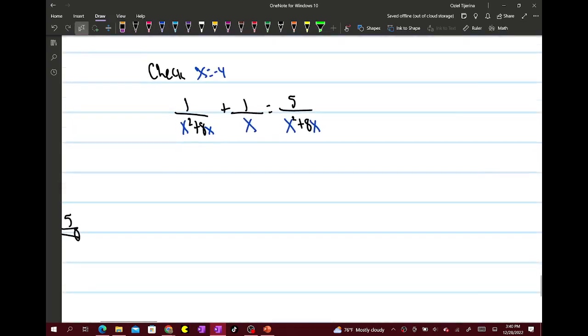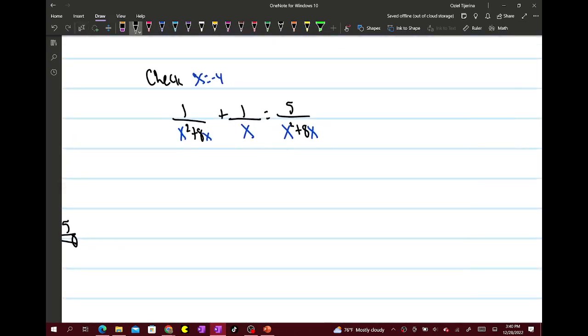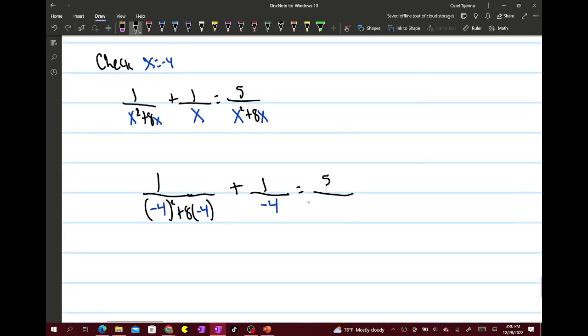And if I check negative 4, I end up getting 1 over the quantity negative 4 squared plus 8 times negative 4, and then plus 1 over negative 4 is equal to 5 over the quantity negative 4 squared plus 8 times negative 4.